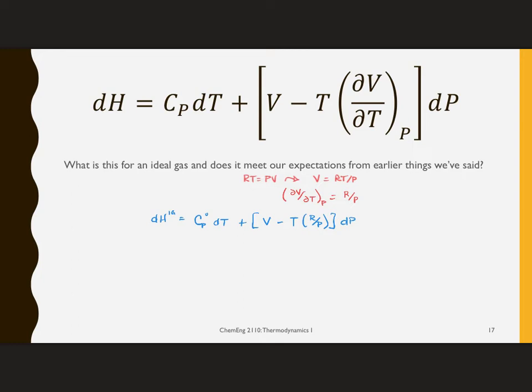Remember, C sub P with the superscript 0 on it indicates the ideal gas value for C sub P, and that means it's something that we could, in fact, look up, plus V minus T times R over P. But RT over P, that's just V. So I really have dH for the ideal gas is C sub P naught dT plus V minus V dP, or the expected result, dH for our ideal gas is C sub P naught dT.